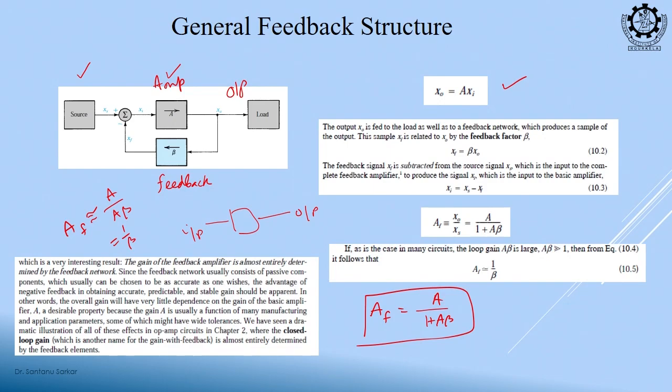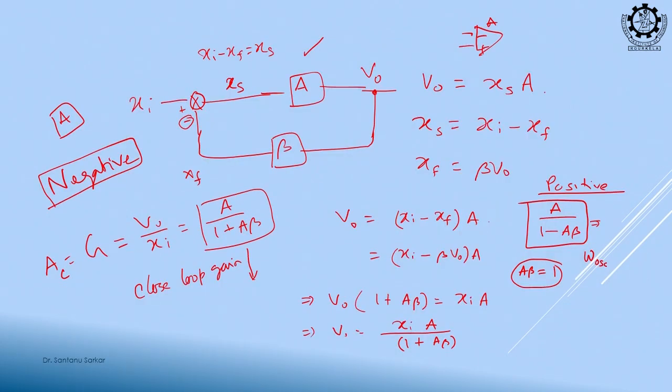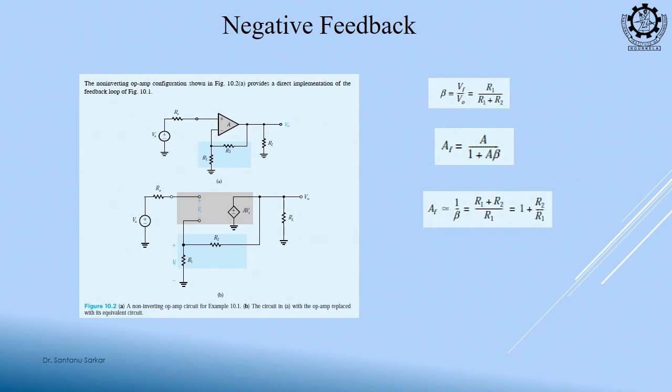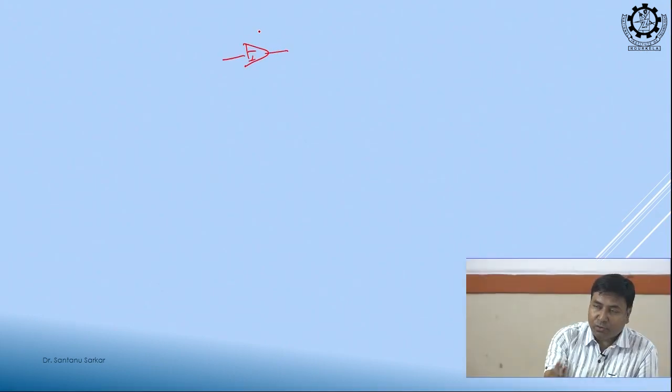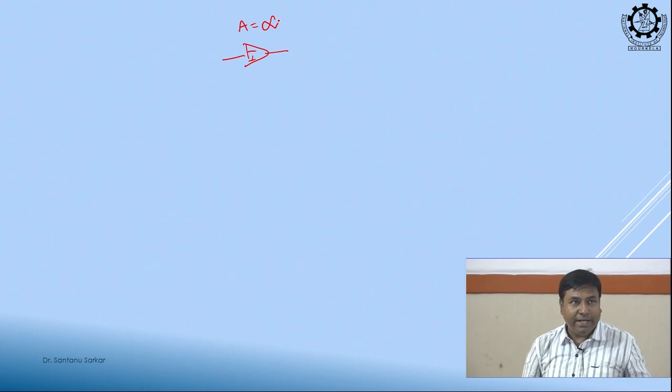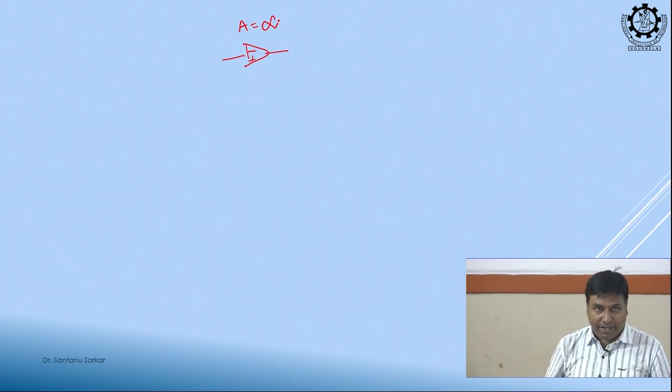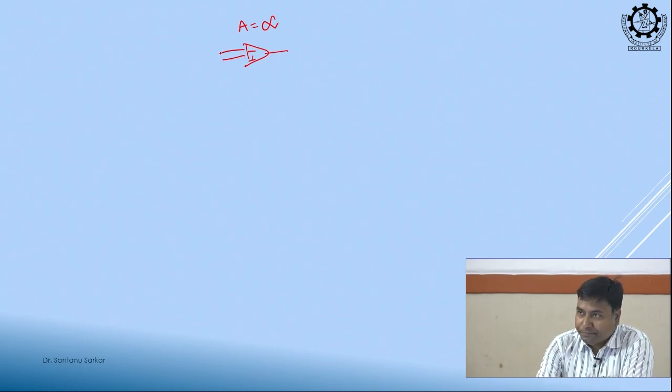Now, is it an advantage or disadvantage? Let us discuss this. Suppose you have an op amp, this is open loop, what is my gain? A is roughly, ideally, infinity. So, that is your amplifier.